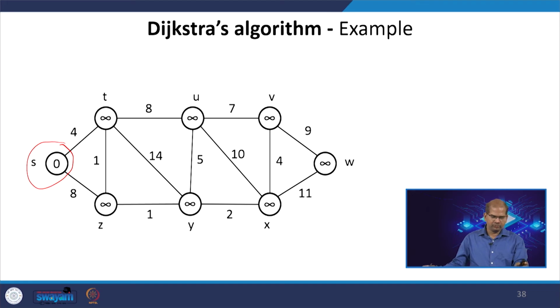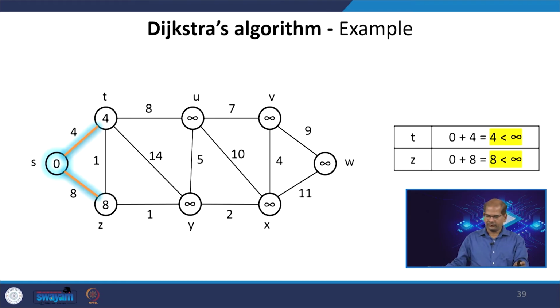So, if I go to T, the distance is 4. The 4 is less than infinite. So, 0 plus 4 is less than infinite. So, I will choose the one which has the minimum distance from the source node.